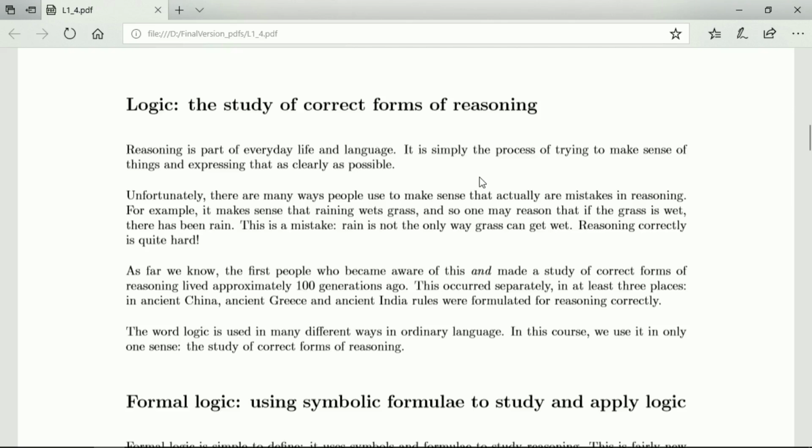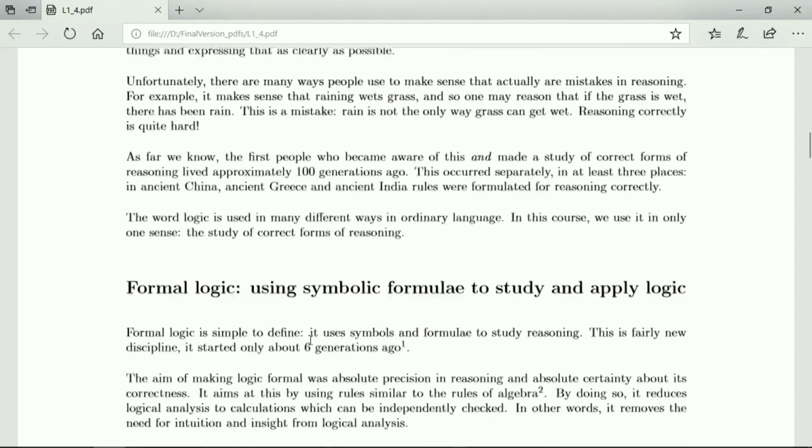Of course, in 100 generations, things really get added and subtracted and used. So it's not exactly, by any means, the same as it was then. But that's what I mean by the word logic, and that's different from the very many ways in which it's used in ordinary language. It's only, for me, the study of correct forms of reasoning.